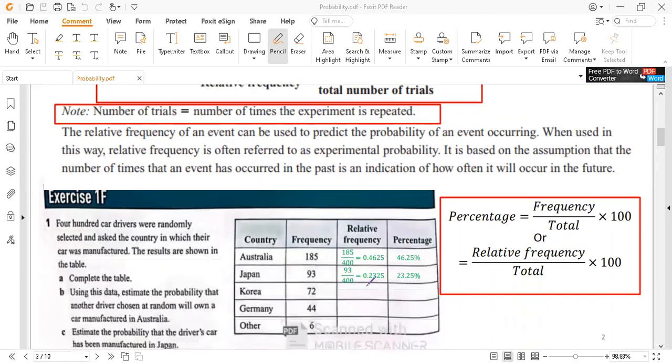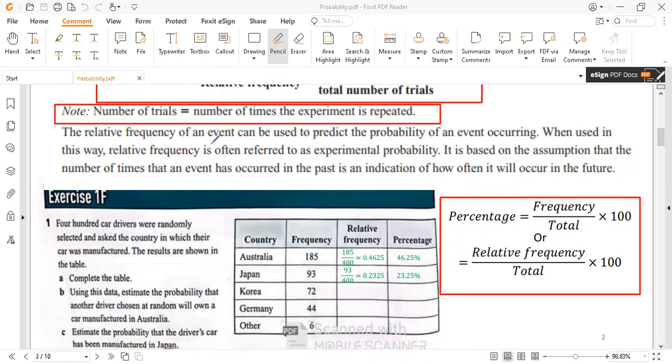Okay, so normally, if we have an experiment done on a given population, like here, we have run an experiment on 400 car drivers, to know the origin of their cars.